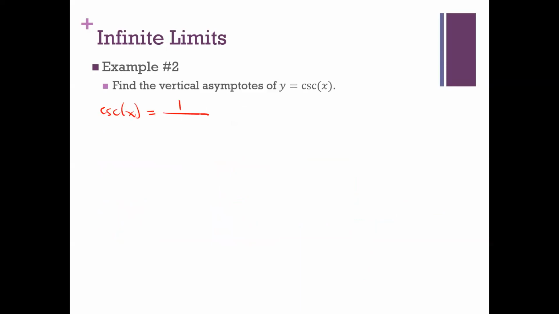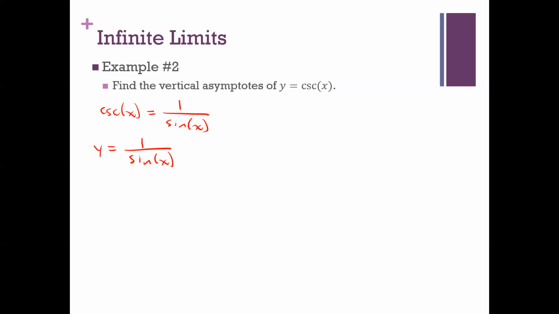It's 1 over something, right? 1 over sine. So we're looking at 1 over sine, right? I think we'd all rather think about this in terms of sines and cosines if we can. So now I'm really looking for this. Where are the vertical asymptotes of this thing?